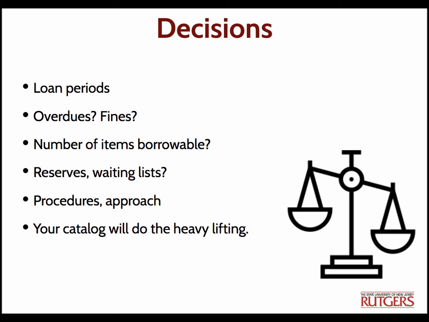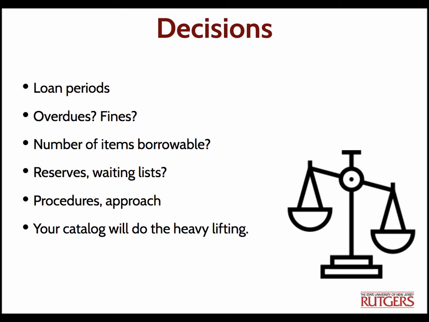Are you going to charge overdues and fines to get your materials back? Some people do, some people don't. Are you going to have an unlimited number of items borrowed? Some people scale this up starting with kindergarten through 6th grade and make different decisions for grade levels. Are you going to set up reserves or waiting lists, or are you just going to purchase the more heavily demanded items?